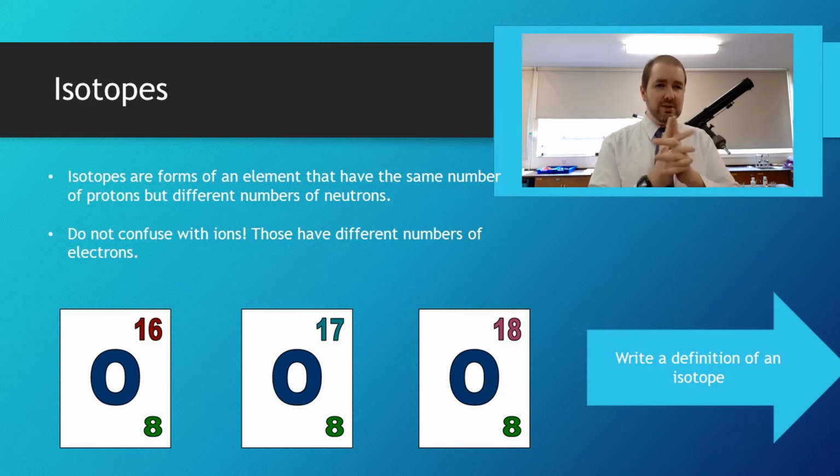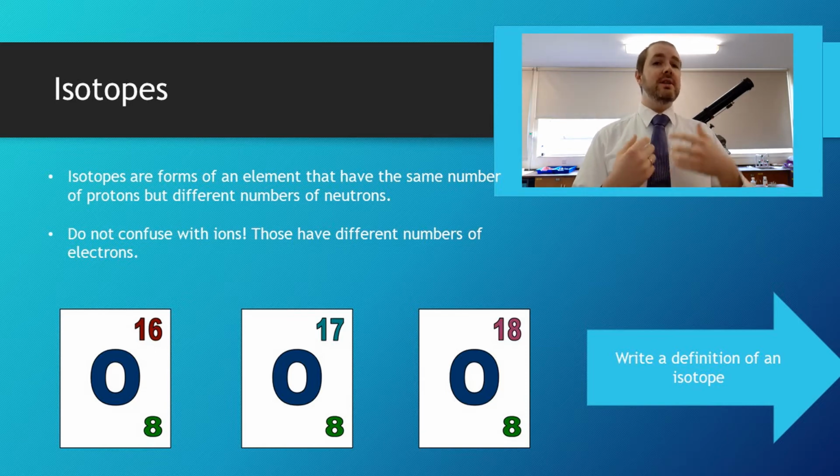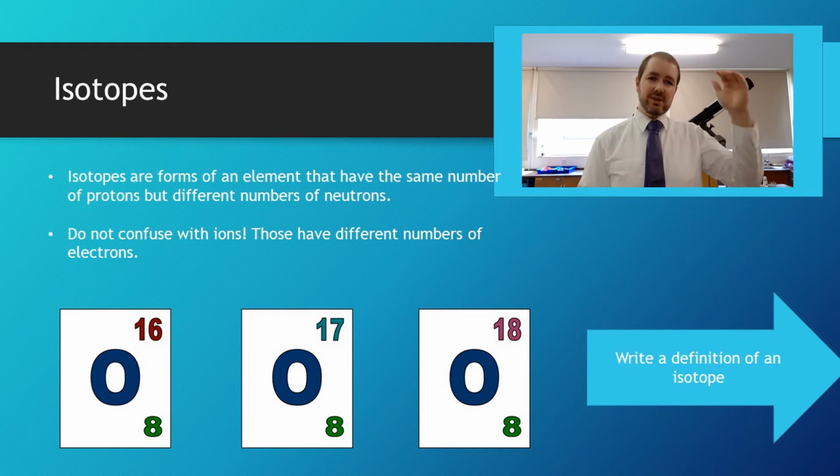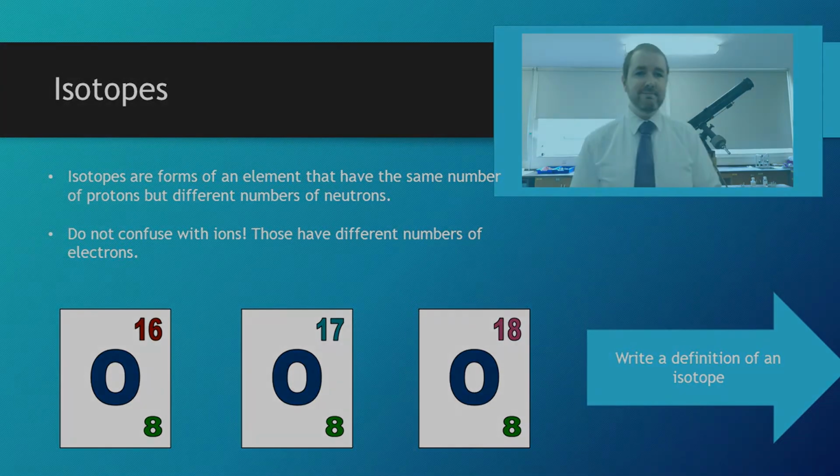Looking at the 3 examples we've got down there, this is oxygen, and we know it's oxygen because it has 8 protons in there. And we know that it's going to have a different number of neutrons because the atomic mass at the top there is, well, different. So I'm going to show you now how to calculate the number of neutrons inside an isotope, and it's a relatively straightforward calculation, and I'll see you at my board.